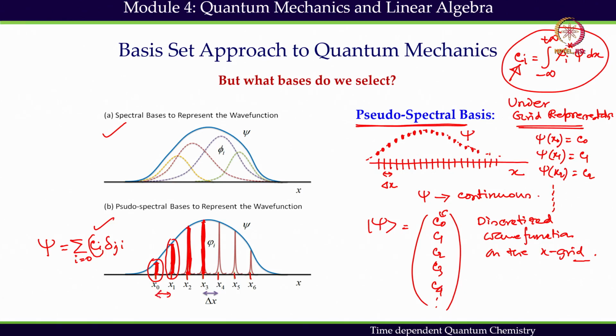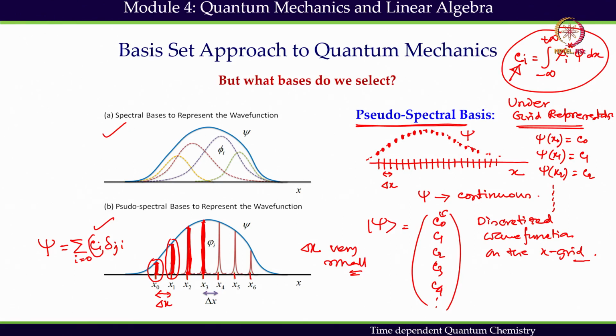It may give you the impression that we are going to use such a big separation, but remember delta x will be selected to be very small. So, they are not heavily separated, they will be very close to each other.